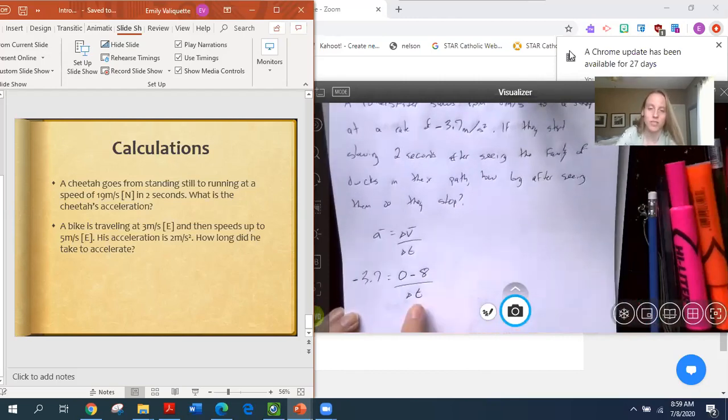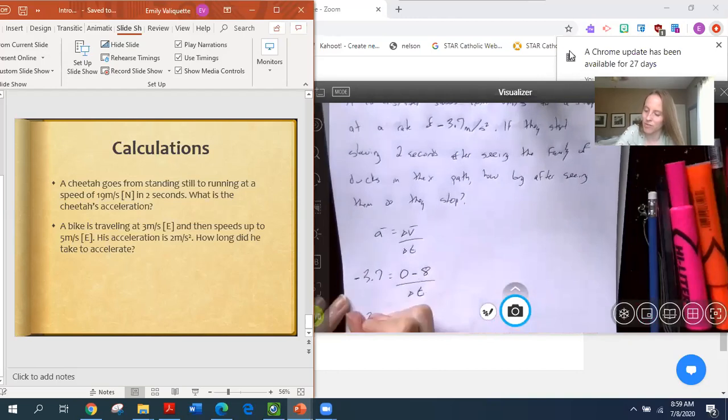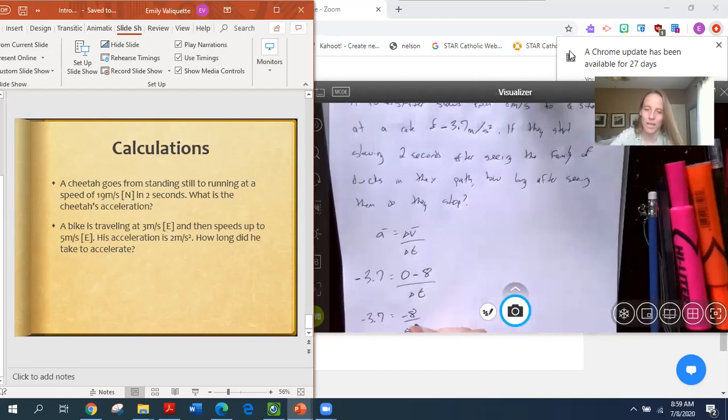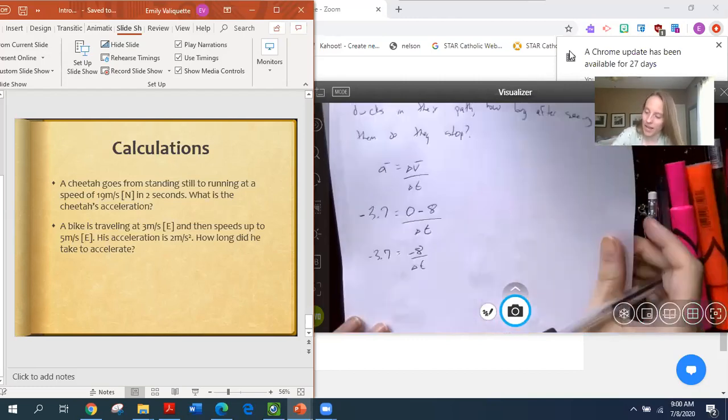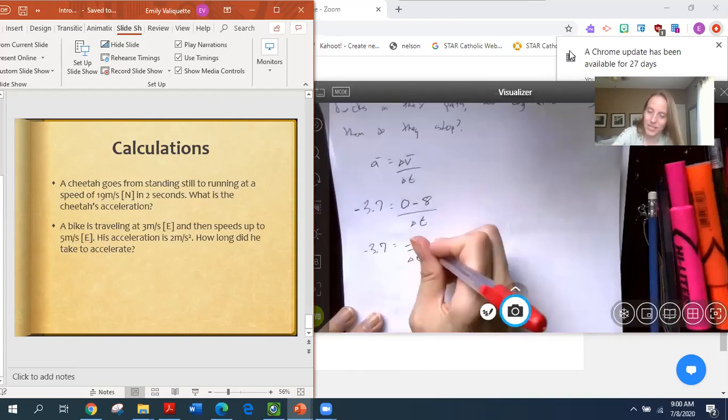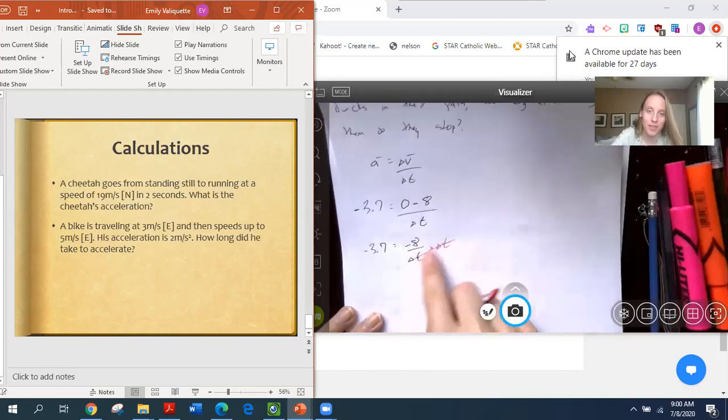And then, just like we did last time, I do need to isolate that delta t by moving it to the other side. I'm just going to simplify the top here first. So negative 3.7 equals 0 minus 8, which is just negative 8, over delta t. And then, of course, I have to multiply by delta t because whatever's on the bottom has to be the thing that moves.